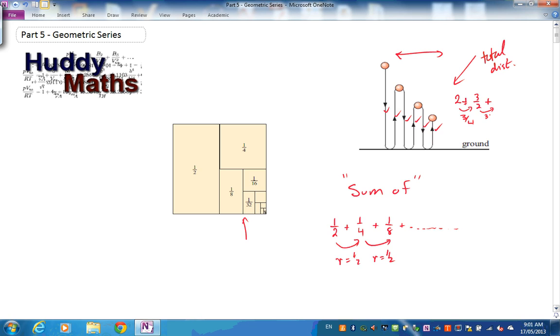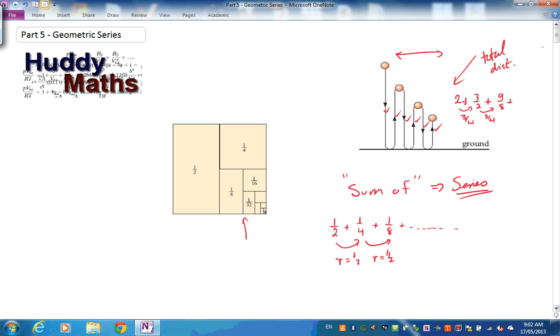And then if it only keeps bouncing up by 3/4 of the height, it would be 9/8 metres, and we could get the total distance that it travels up and down by adding those terms of a geometric sequence. So that's called a geometric series when we have the plus in between. Same idea. So sum of is implied, or implies you're going to look at a series of terms. All right, let's come down and have a look.